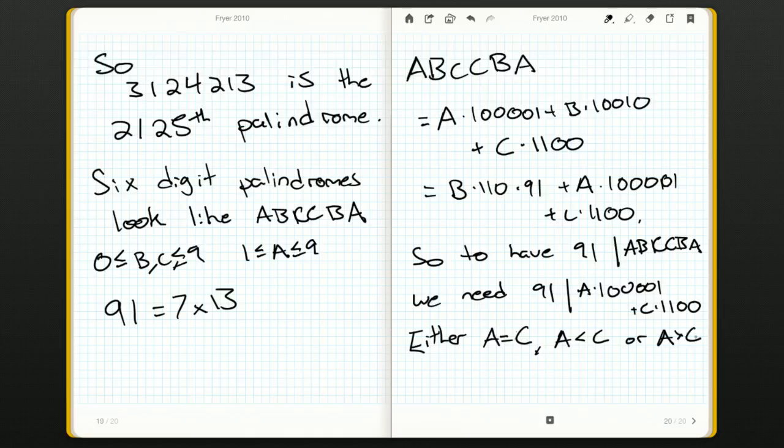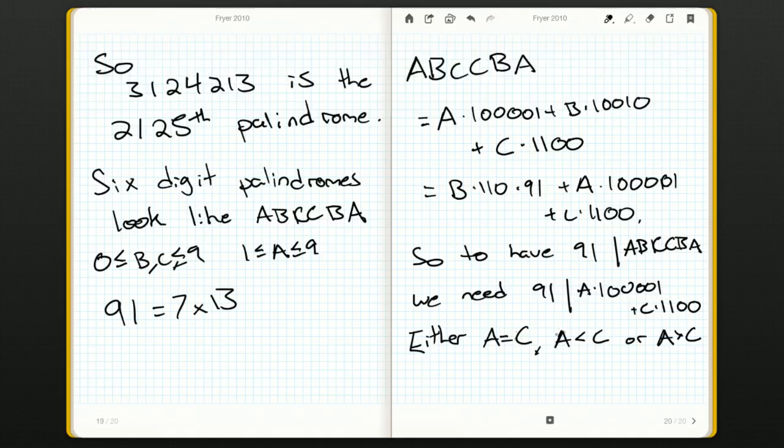Now, the reason I'm doing that is because one of the other things I figured out while I was calculating whether or not these things are divisible by 91, I had a hunch, and 101101 is a multiple of 1001, which is a multiple of 91.